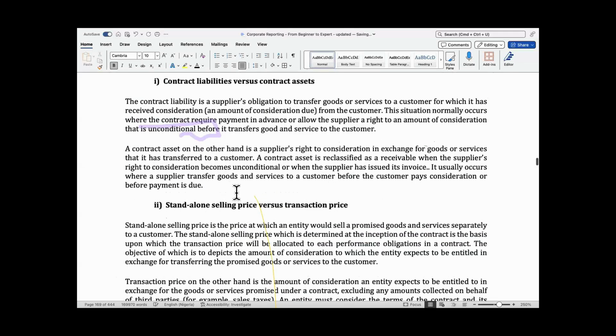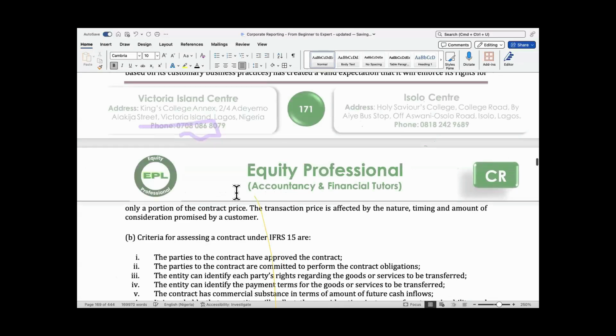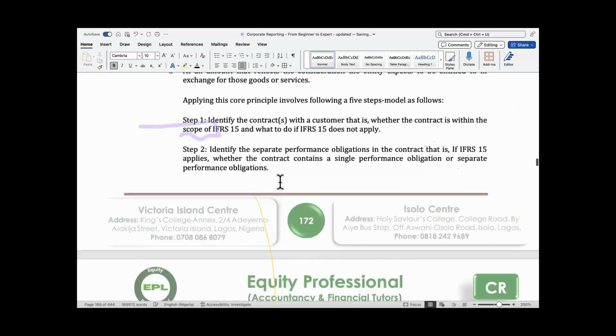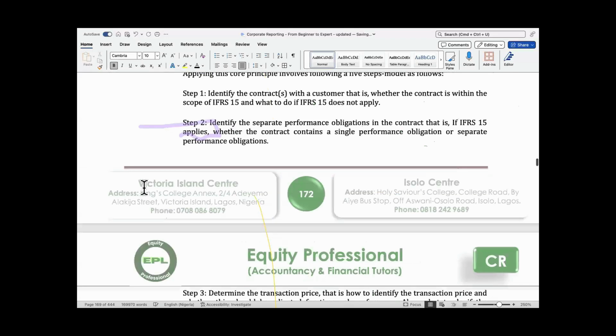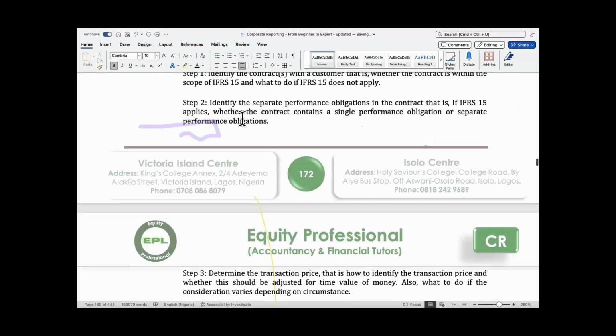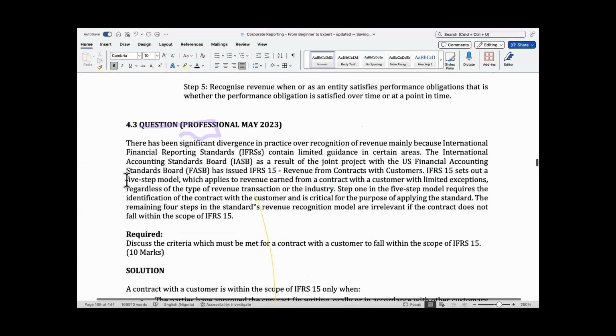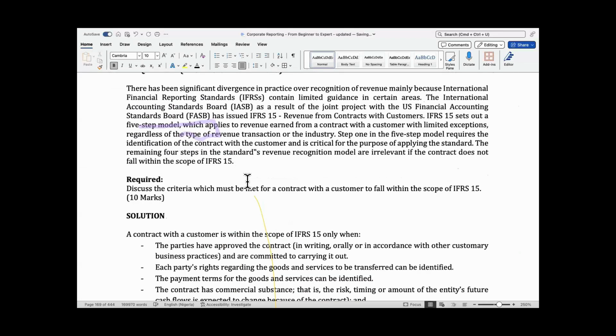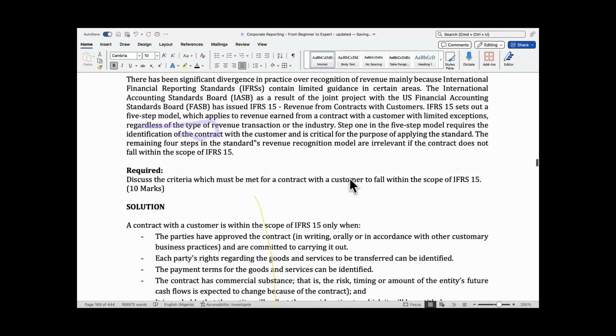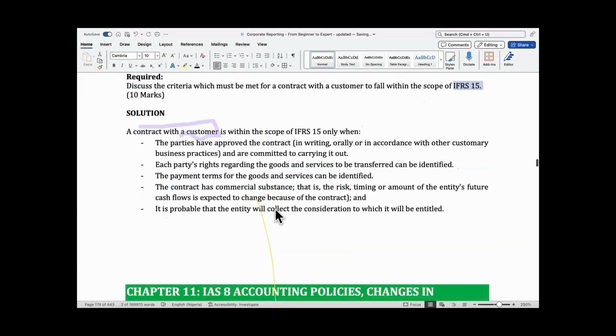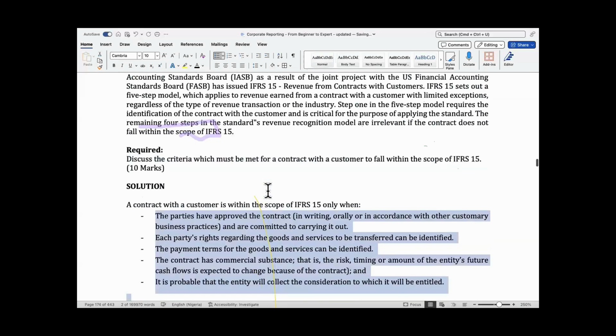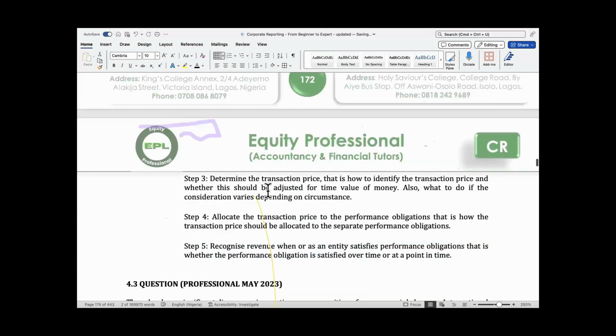So the past questions they have asked so far have been a little easy. The last time, which is May 2023, one of the questions asked was: discuss the criteria that must be met for a contract with a customer to fall within IFRS 15. Those criteria for contracts that I explained to you, they have been asking over and over again.